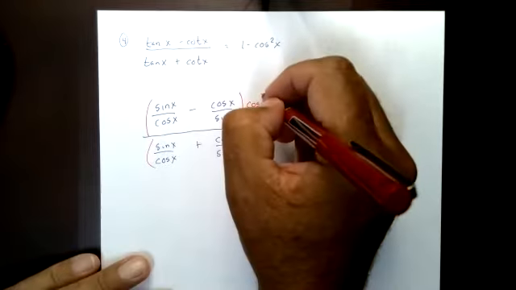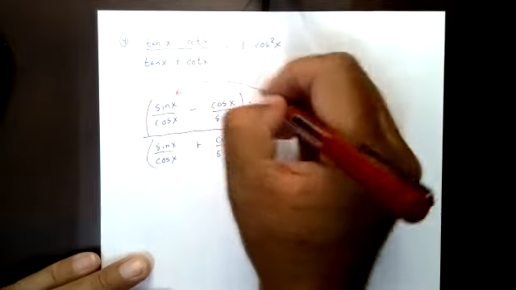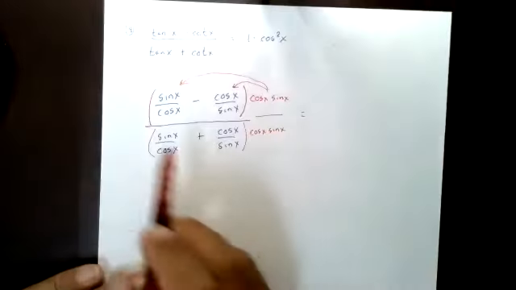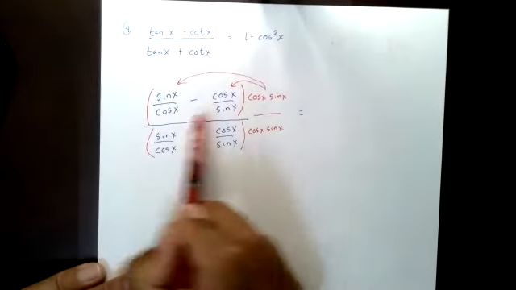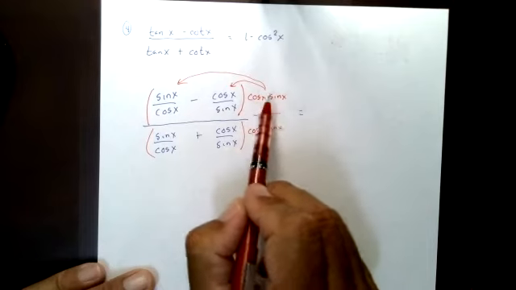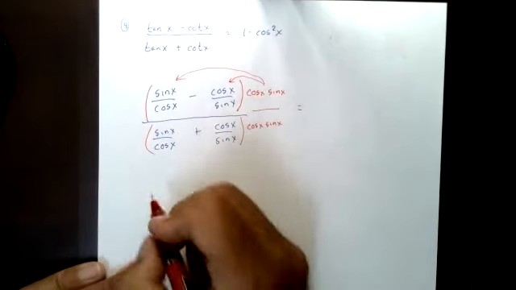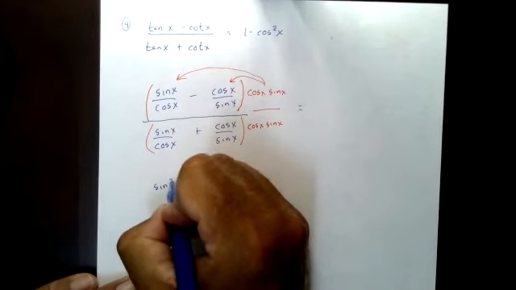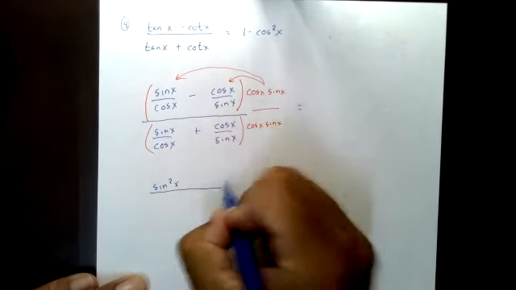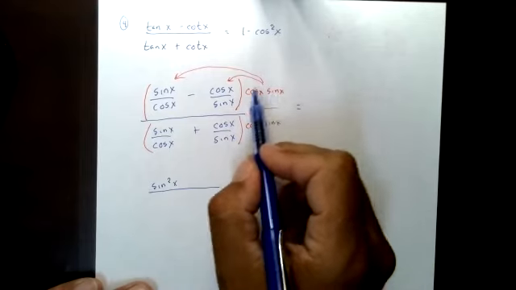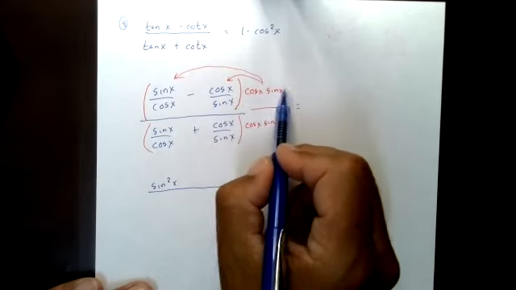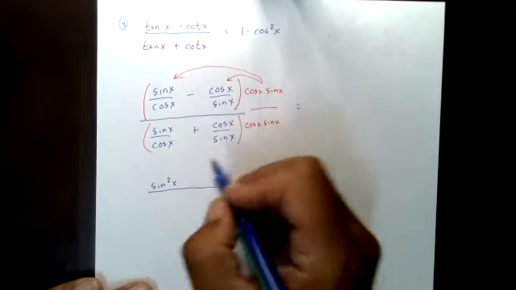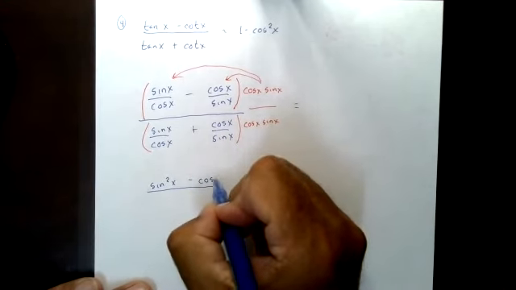But when I distribute here and I distribute there, sine of x over cosine of x times cosine of x, the cosines cancel. I'm going to be left with a sine squared. If I multiply by the second term, the sines cancel, and I'm going to be left with a cosine squared.